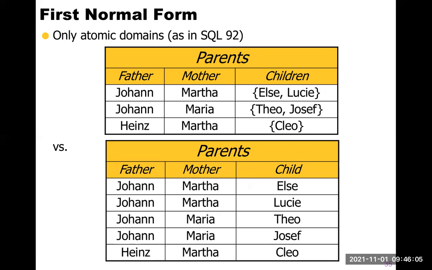The problems connected with first normal form are different, and the main problem is if I need to change a value. Let's say it turns out that Joseph is put here by error, and so I need to remove it from this list and add to, let's say, Johann is a child of Johann and Martha, but not Maria.